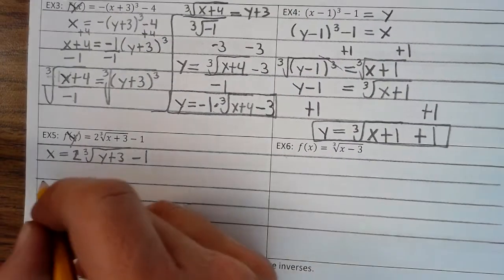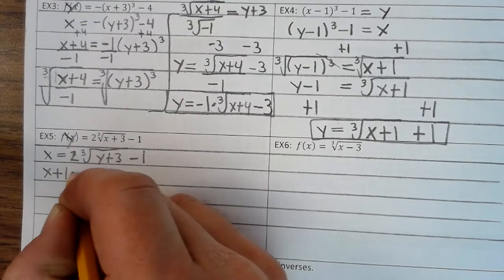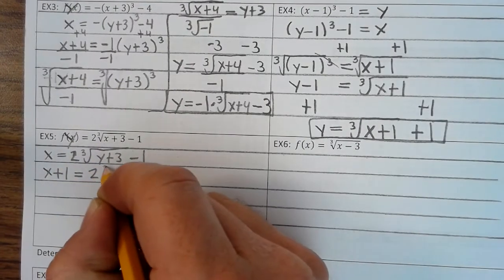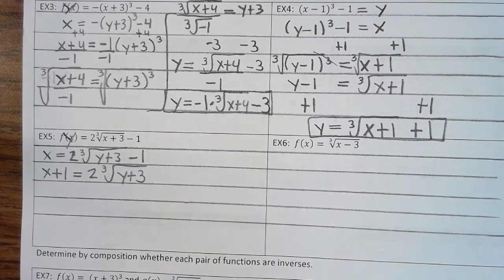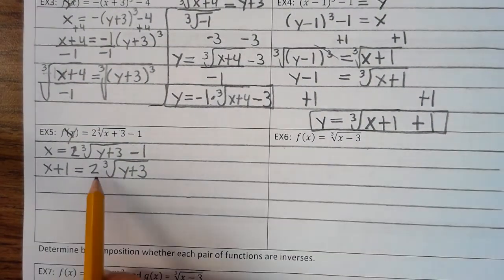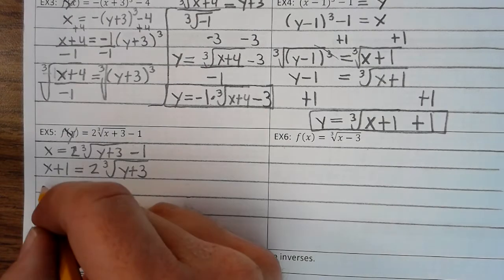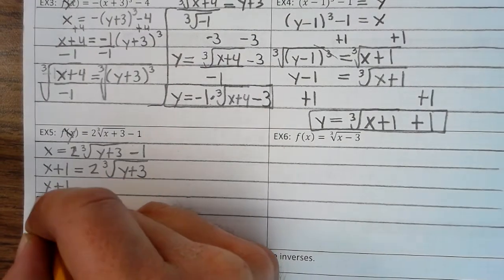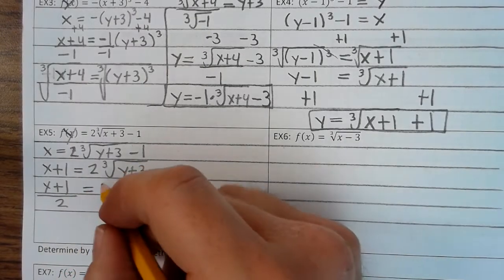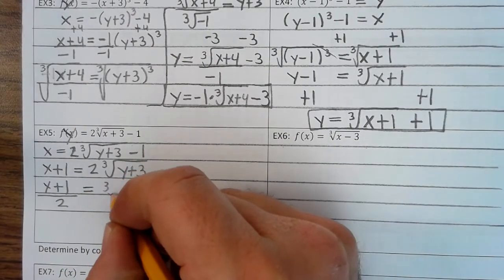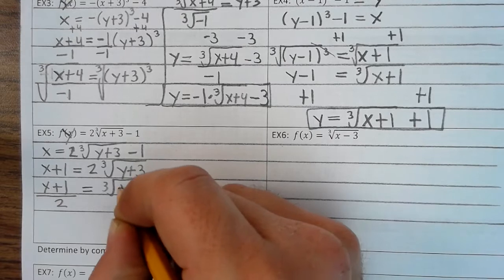So you can add 1 to both sides. You can just show this: x plus 1 equals 2 cube root of y plus 3. And then you can divide both sides by 2, so you get x plus 1 divided by 2. 2 divided by 2 is 1, so that's just 1 cube root of y plus 3.